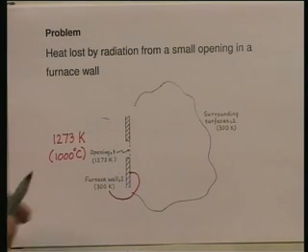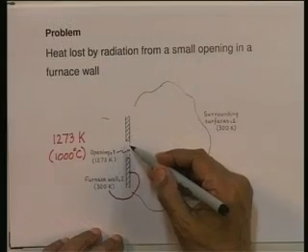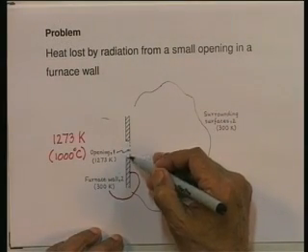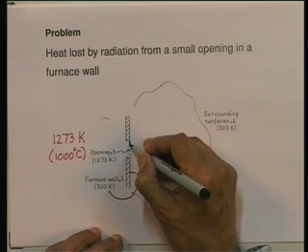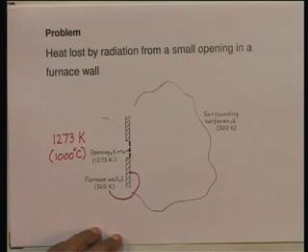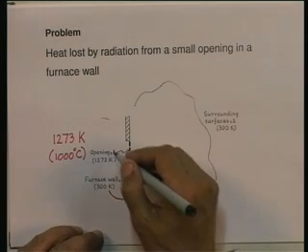Now, we are going to solve the problem as follows. We are going to idealize the situation by making a two surface enclosure. So, we are going to close this opening with this dotted line that I am showing here, with some imaginary surface, and let us call that surface 1.